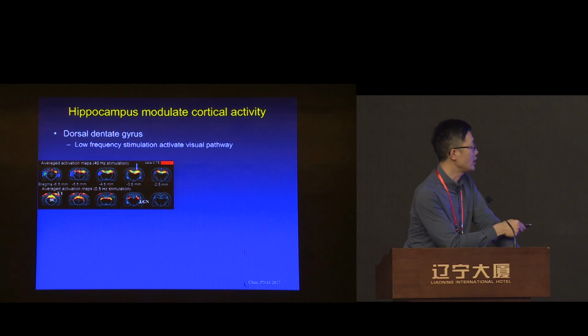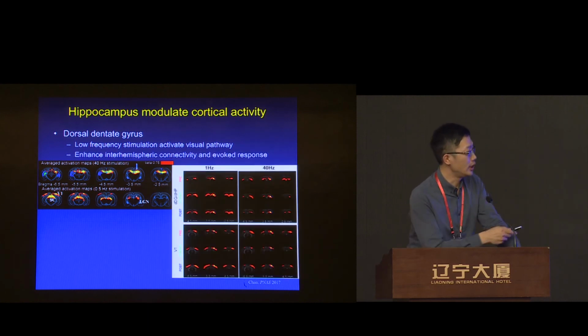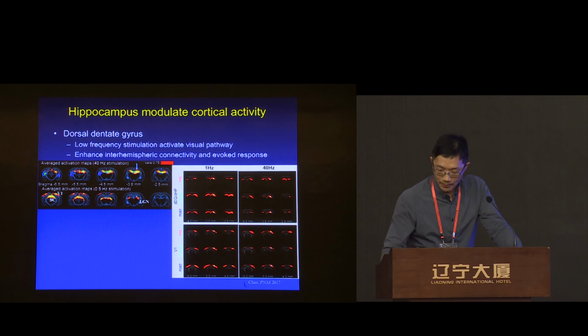For example, in this case, if you stimulate at 0.5 Hertz, you activate the visual cortex, the visual pathway from LGN, superior colliculus, and V1, not just the hippocampus. And again, the connectivity gets enhanced also after the stimulation.